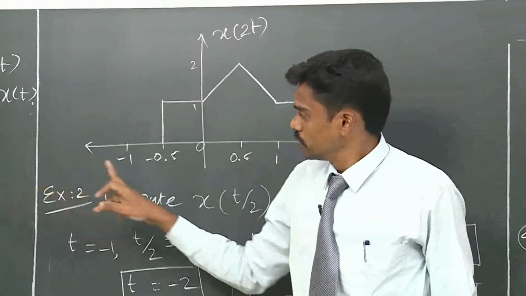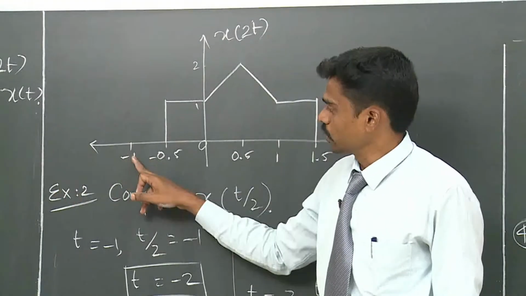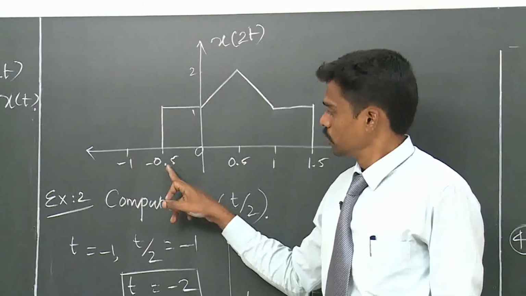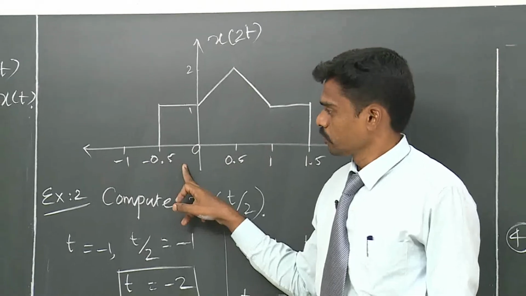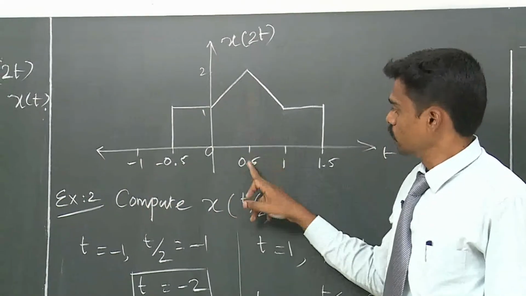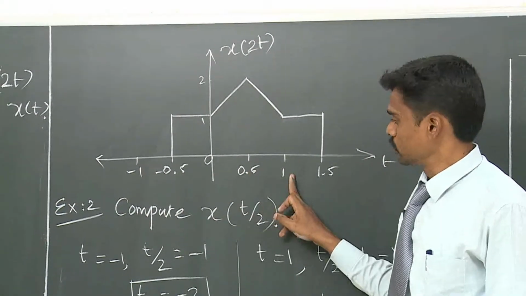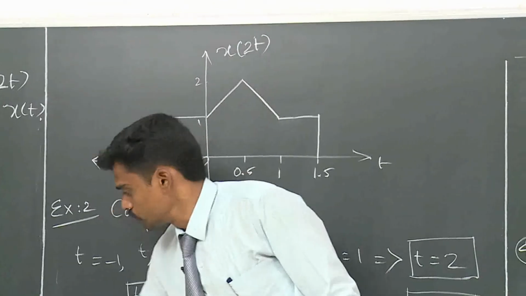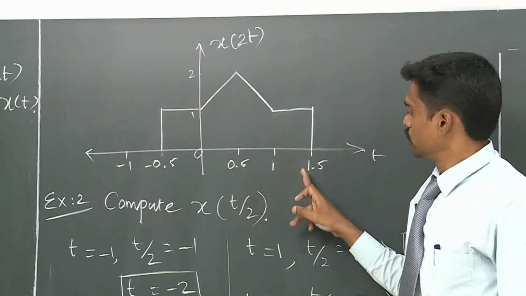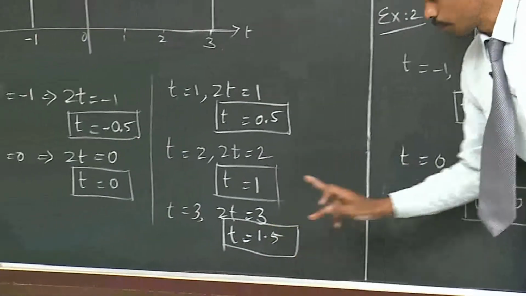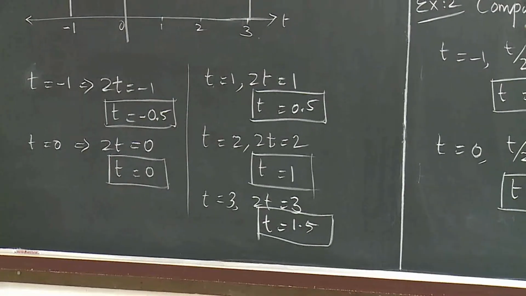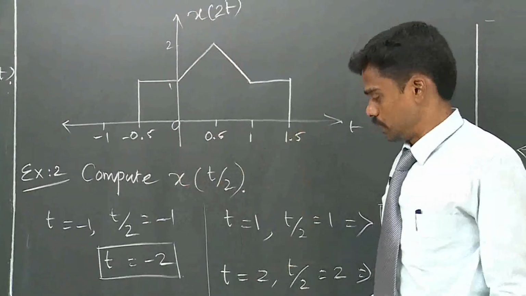See there, instead of -1, the -1 position is shifted to -0.5. The 1 is shifted to 0.5, 2 is shifted to 1, 3 is shifted to 1.5. So the positions are shifted.